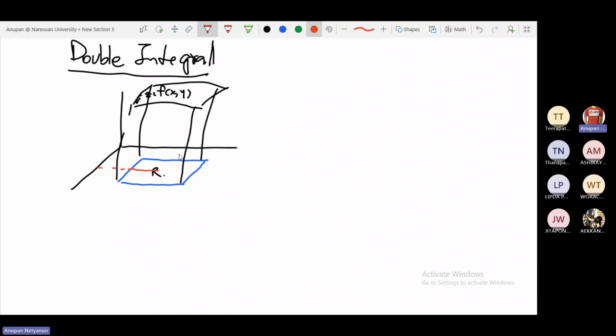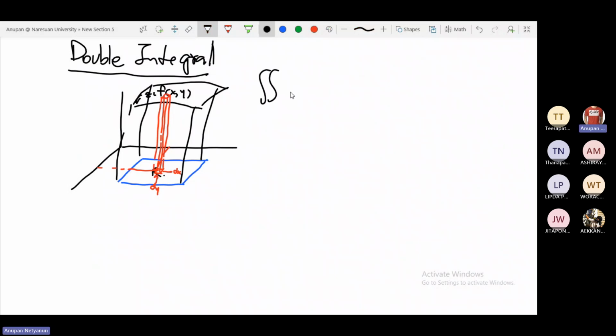Again, at any particular x and y, I form a small piece of rectangle with sides dx and dy. Then there is the height, which acts as the height. So I get a pole.